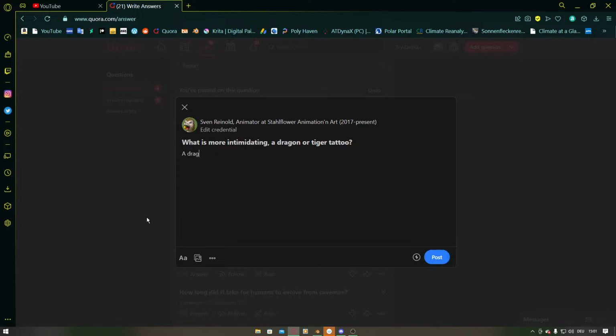So a dragon would be more intimidating if it is not fluffy and bigger than the tiger, since its wings make it appear bigger and the spikes and horns add to the dangerous appearance.